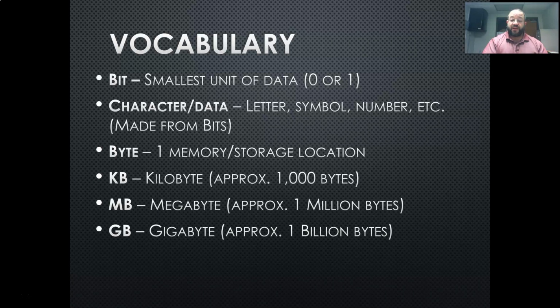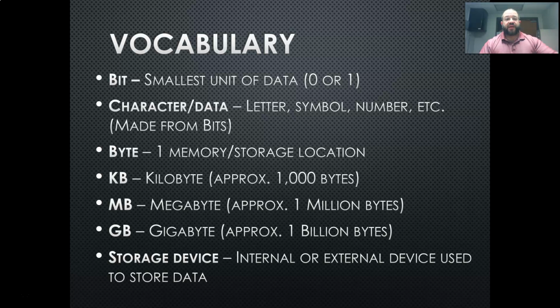Crazy, isn't it? So to summarize, everything is stored on a storage device that can either be built in or external. The smallest bit of information is a 1 or a 0, the smallest bit of code. You put some pieces of code together, you get a character or some base data. Then you fill up one storage location, which could be like a paragraph or a page, and you get a byte.